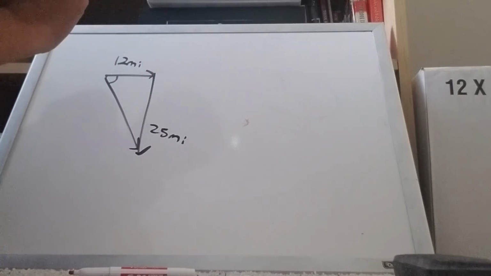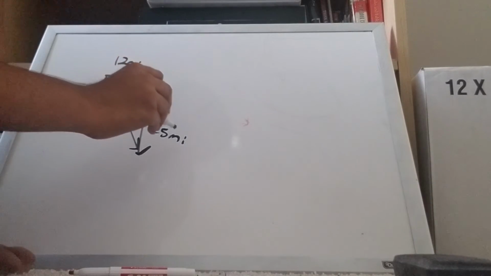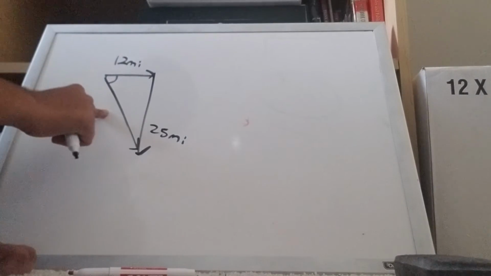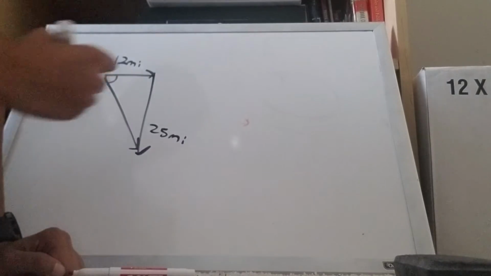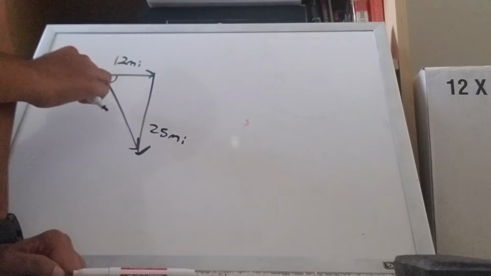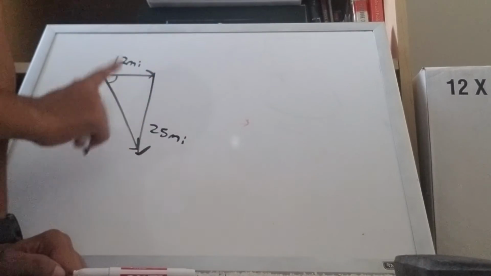So to do that, we're going to try to find the value of the magnitude. To do that, we can just use the Pythagorean theorem. It's much more simple than the last one because the vectors that we're given are the component vectors of the resultant vector.